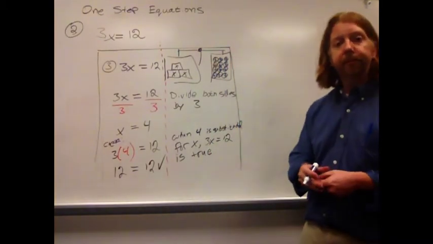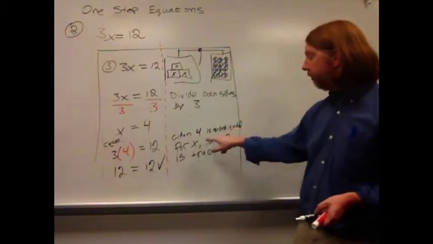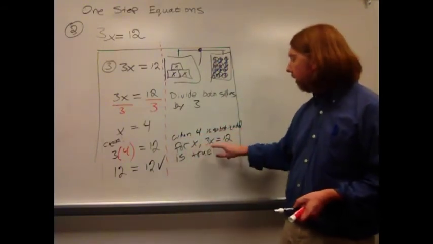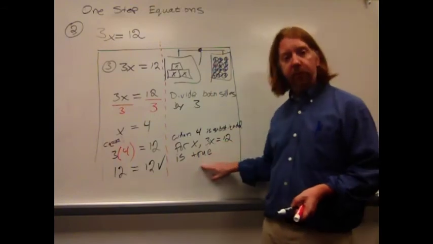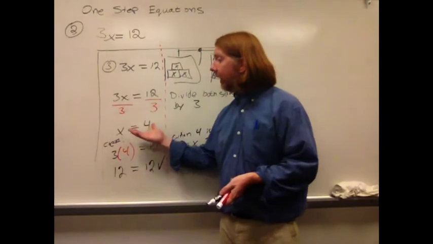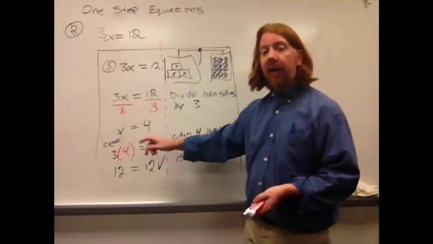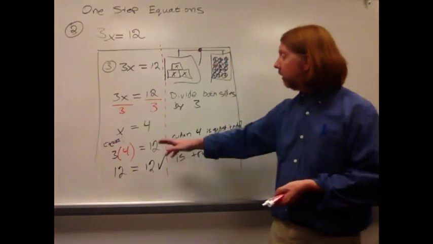And then I'm done. Again, the important thing in this statement, when 4 is substituted for x, 3x equals 12 is true, is I'm stating what I'm getting as a result when I actually complete my check, which is a verification that x actually did equal 4.